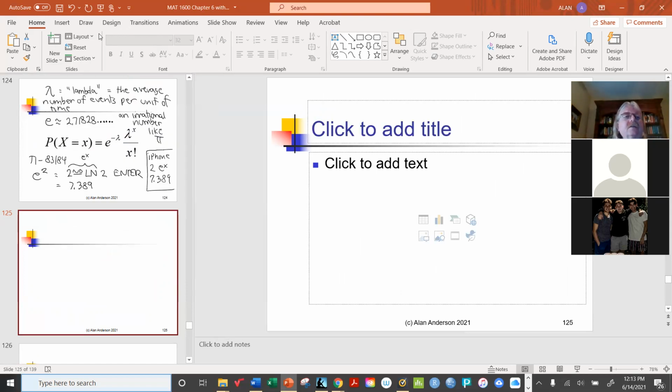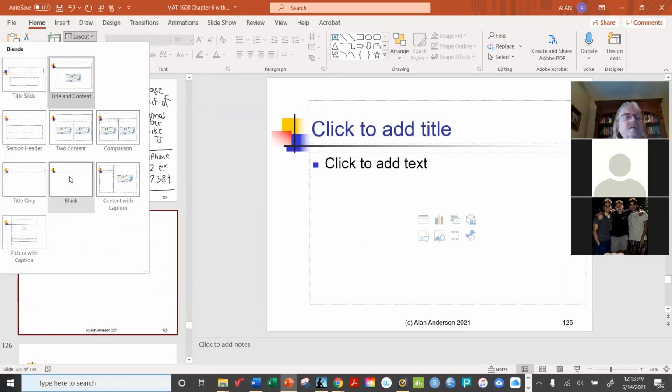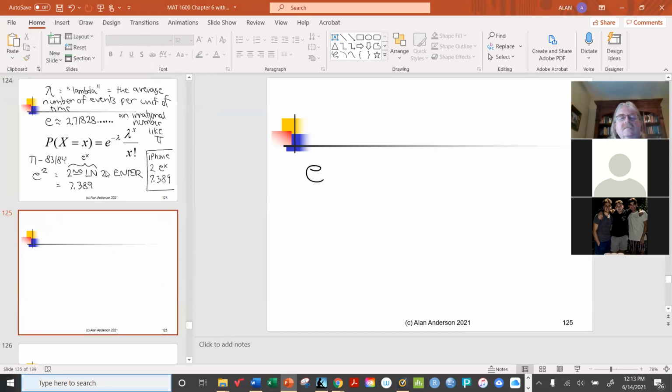e to the minus 2 on the TI-83 or 84, you would put second, log, and then the negative sign is directly below the 3.